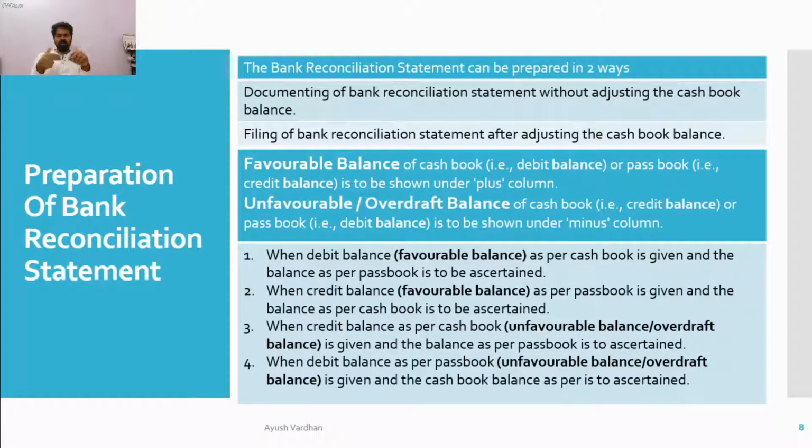On which basis do you start the reconciliation? The first basis is the cash book. Another basis is the passbook. In both the favorable and unfavorable conditions, you do these two methods. So in total, these are four. In the favorable case you start with the cash book, and you start with the passbook. In the case of overdraft or unfavorable, you start with the passbook and you start with the cash book.